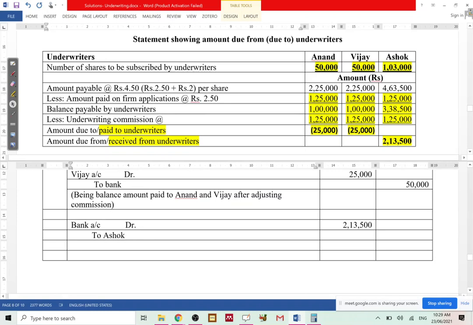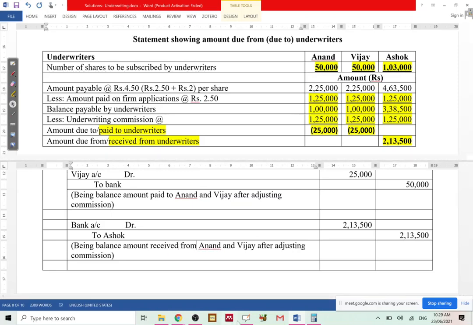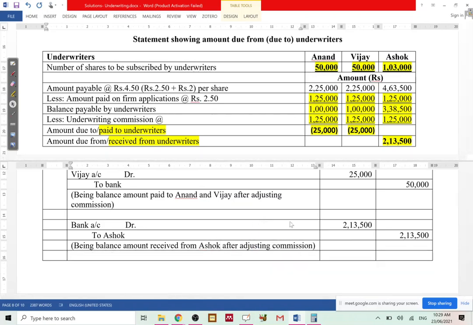So to Ashok also 2,13,500. Again, being balance amount, similar entry I will write here. Being balance amount, this time it is received from only one person, that is Ashok, after adjusting the commission. So this is how much he is paying us after all the adjustments have been done as to who will pay whom.